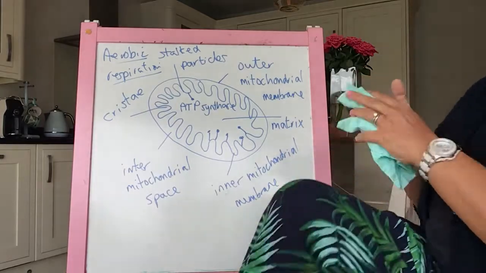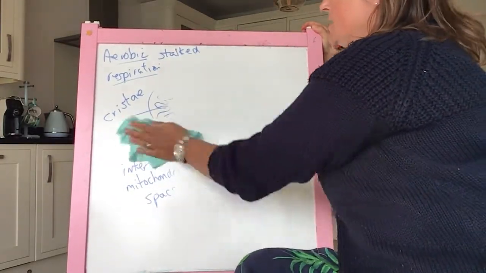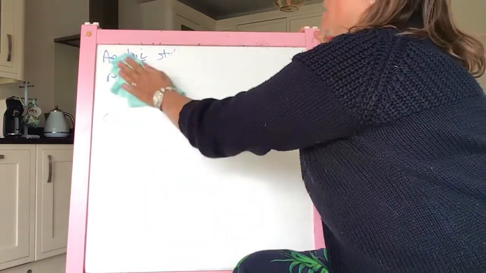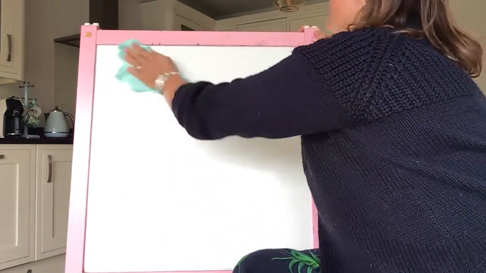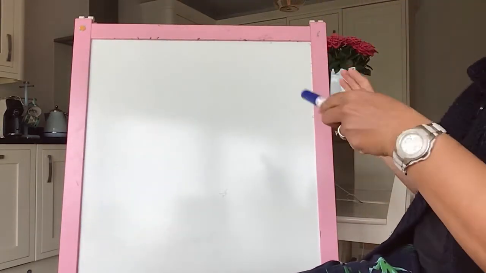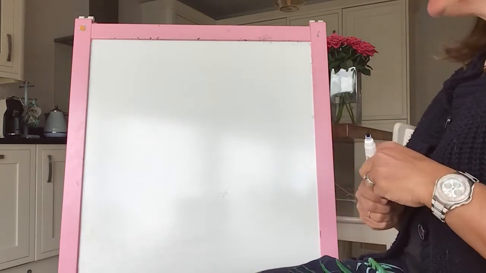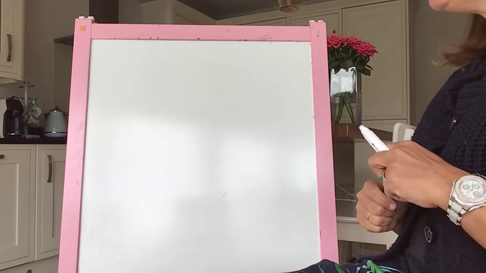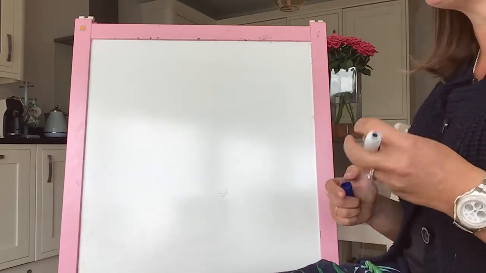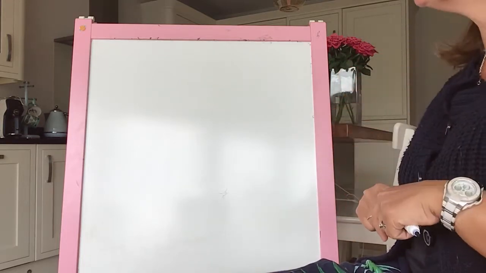So, what have you remembered about cofactors and coenzymes? Okay, so what you should have remembered is that they help enzymes to carry out their jobs more effectively. They also help carry things around the cell.